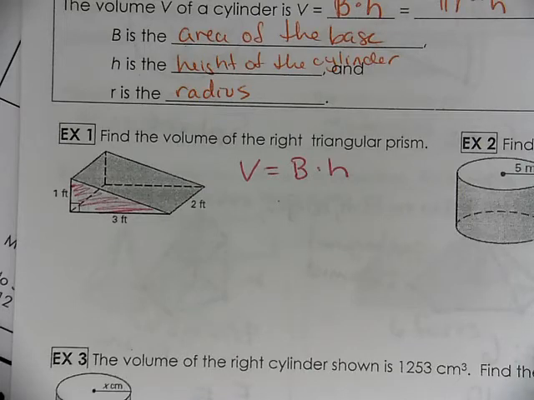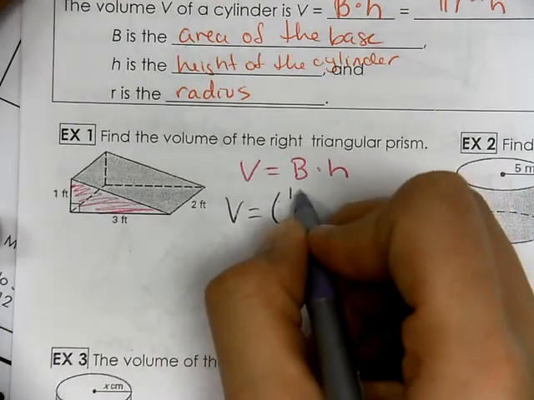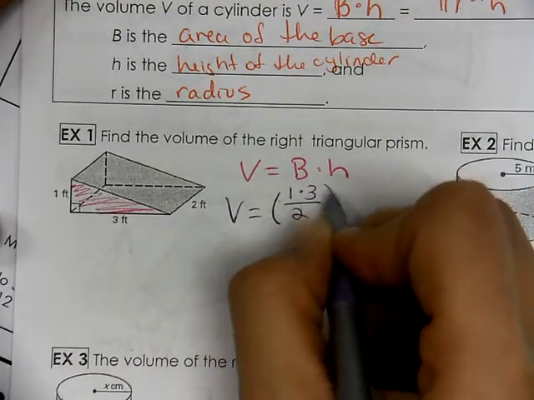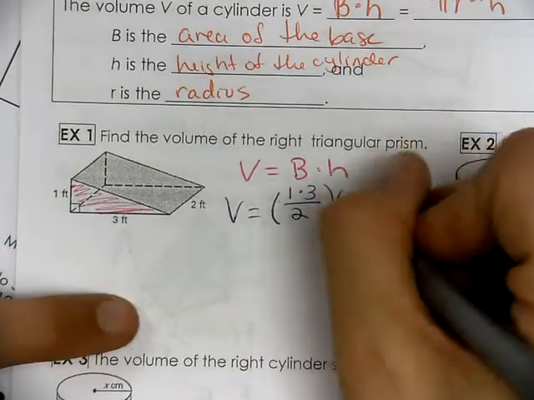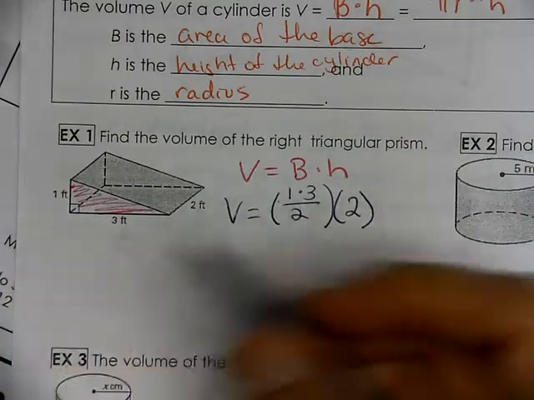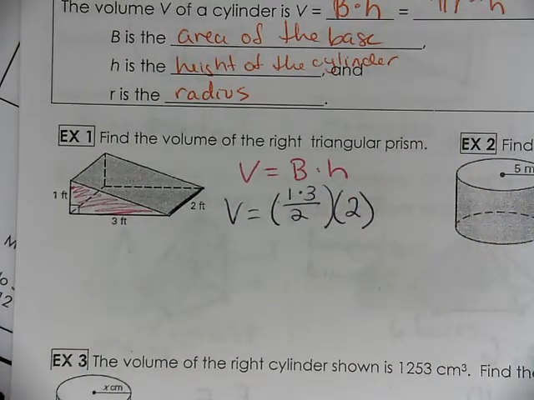What's the area formula for a triangle? Base times height divided by 2 or times 0.5. So our volume is going to be 1 times 3 divided by 2. The height of the triangular prism there is 2 feet. Do you see how this height is not up and down? So think of height as the distance between the two bases.